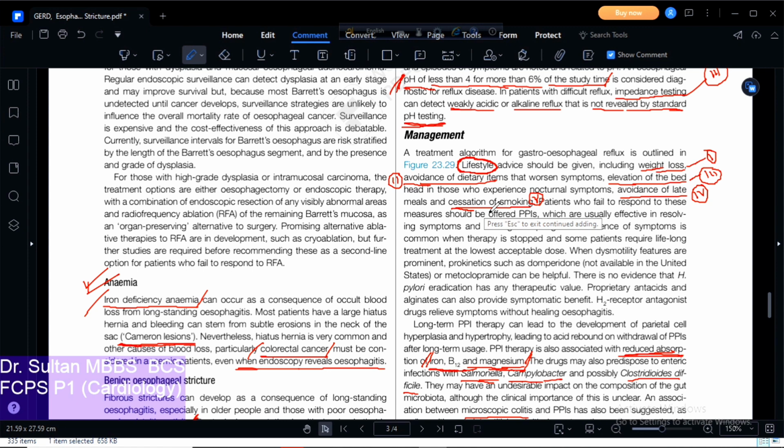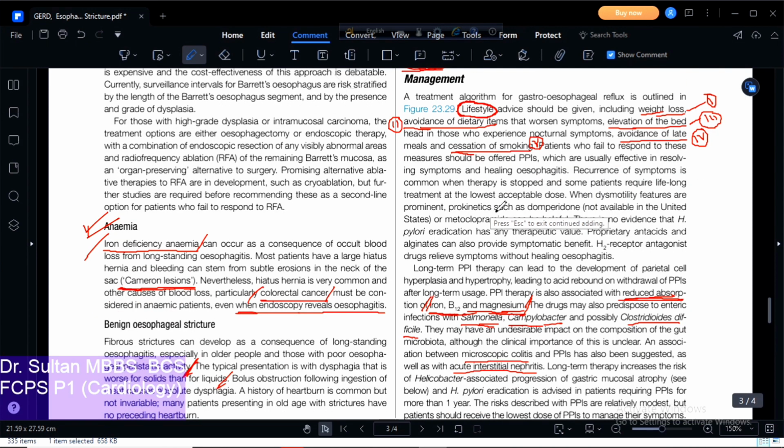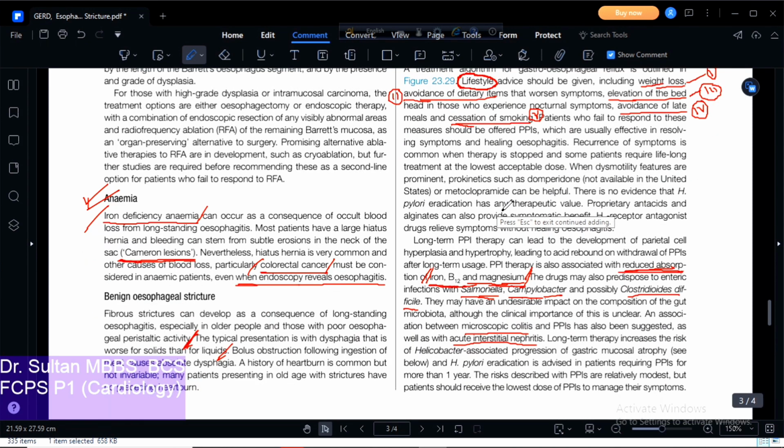But in one situation, if the patient needs long-term PPI, proton pump inhibitor therapy, for more than 1 year to relieve the symptoms of reflux disease, then he or she is indicated for H. pylori eradication therapy.